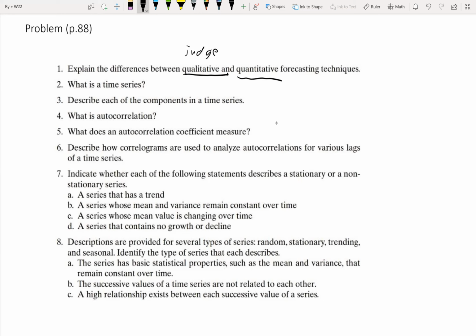Qualitative uses judgment. Perfect, that is the important keyword. Qualitative is judgment or opinion, or taking experts' opinion. And how about quantitative? It is about analyzing data, manipulation of the data. That is the difference. Qualitative is management judgment or intuition. Quantitative is a manipulation of the data.